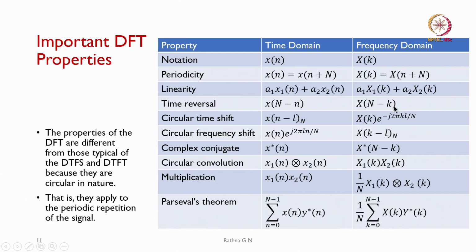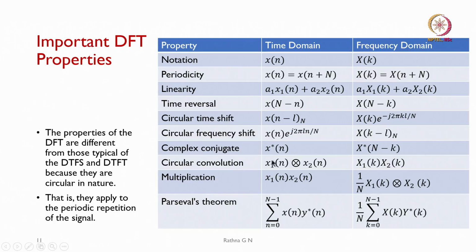Then you can have the circular time shift with respect to n, which is reflected in the frequency domain as x of k into e power minus j 2 pi k L divided by N. And for the complex conjugate, x conjugate of n is nothing but x conjugate of the delayed function, that is N minus k.